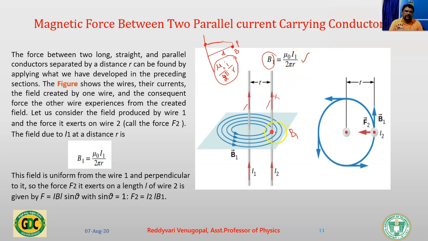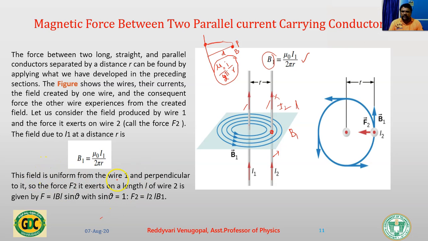This is the magnetic field induction at this point due to this current carrying conductor. Now in this second conductor, a current I2 is flowing, and the length of this conductor we are calling L. Now we have to find the force acting on this conductor because of the magnetic field created by the first conductor.